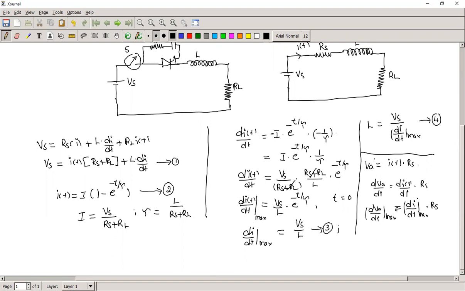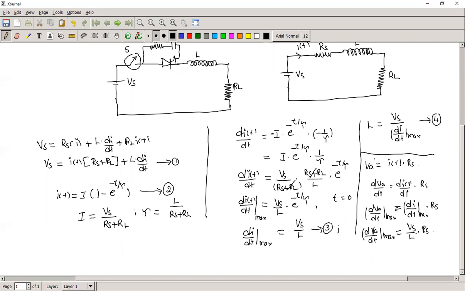We know the di by dt maximum from equation 3. Substitute that value. So dVA by dt, that is dV by dt maximum, equals Vs by L into RS.